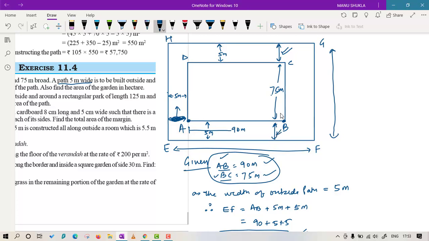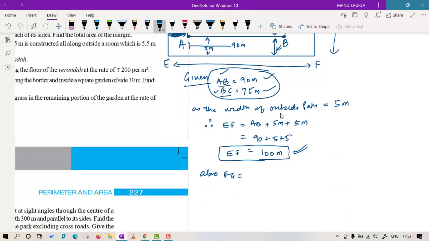Your FG. So we can write FG is equal to BC plus 5 meters from top plus 5 meters from bottom. That is 75 plus 10 meters, that becomes equal to 85 meters.